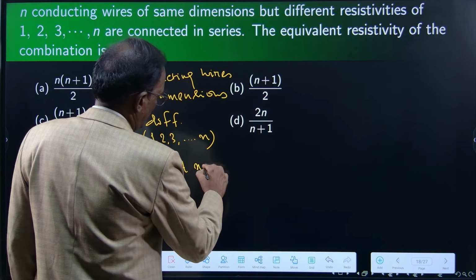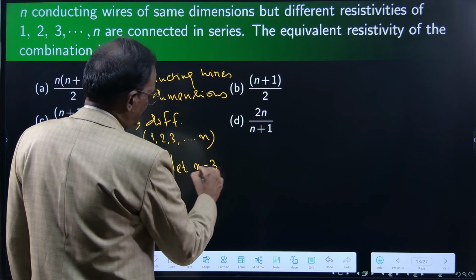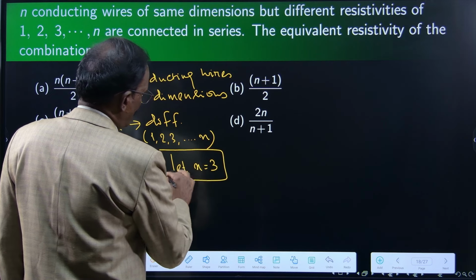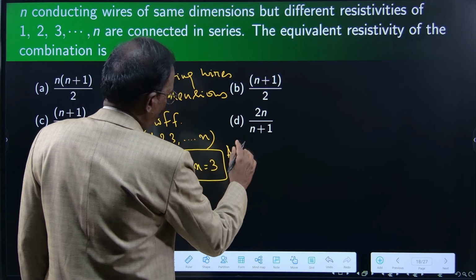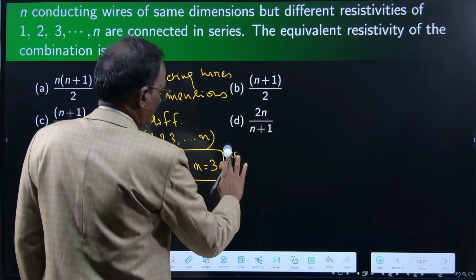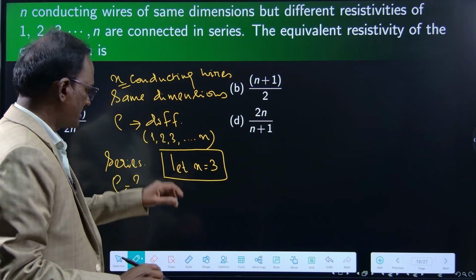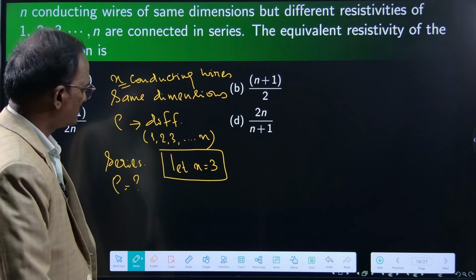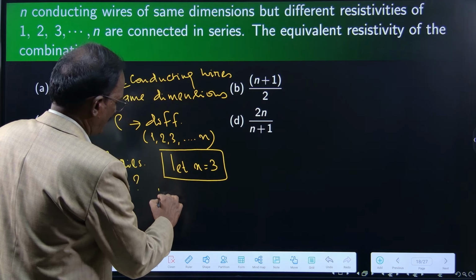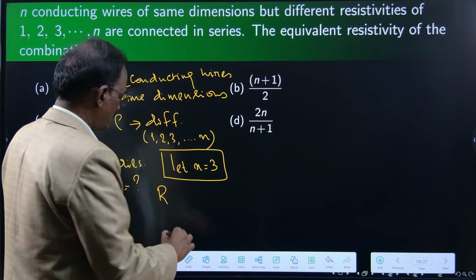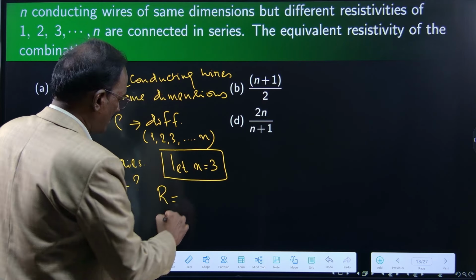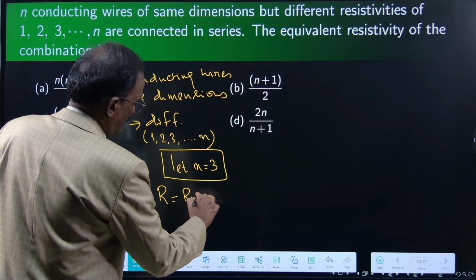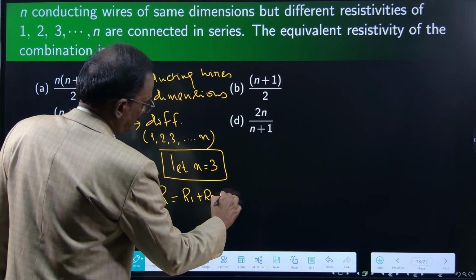Let N be equal to, say, 3. That means I have only 3 wires. So the equivalent R value will be R1 plus R2 plus R3.